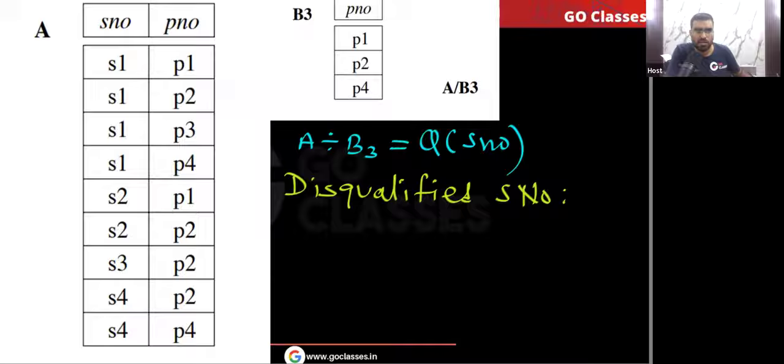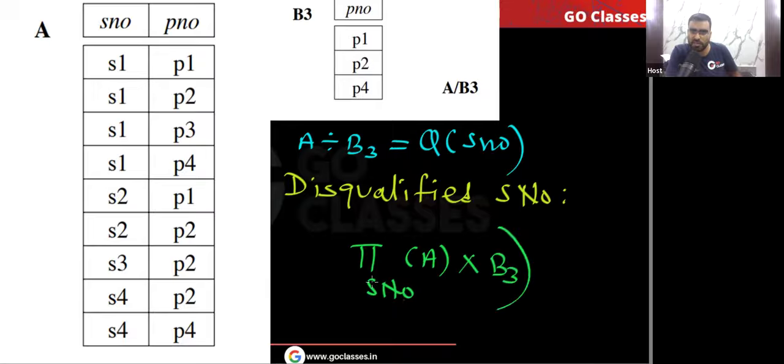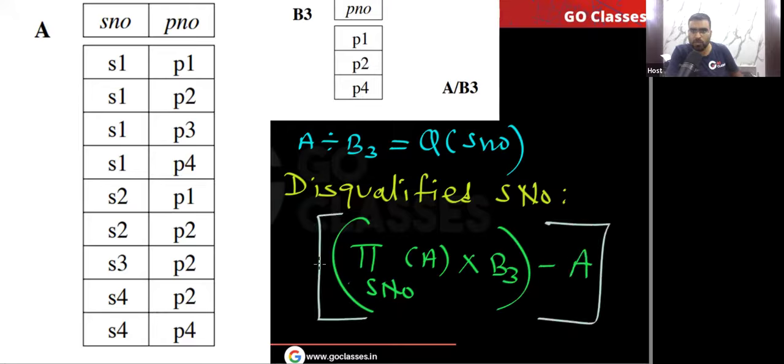That is ideal minus actual. You know the ideal: from table A, you project S number, do cross product with B3. This is ideal minus actual. Actual is A. From this, you project S number. So these are disqualified S numbers.